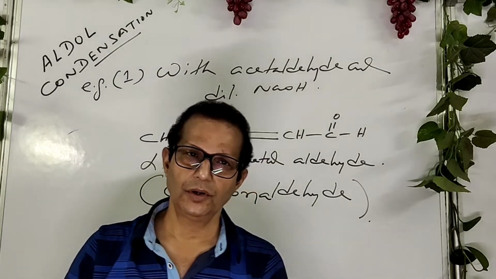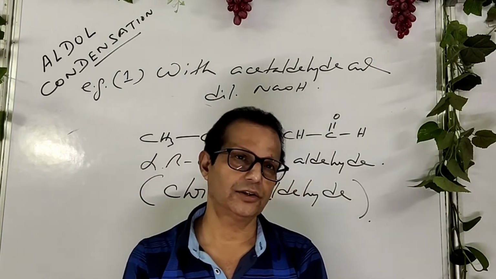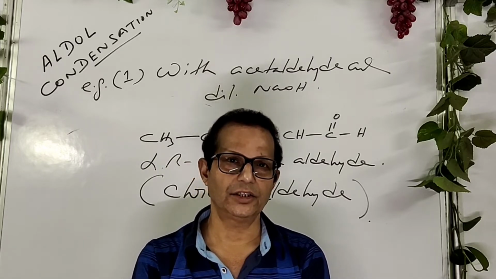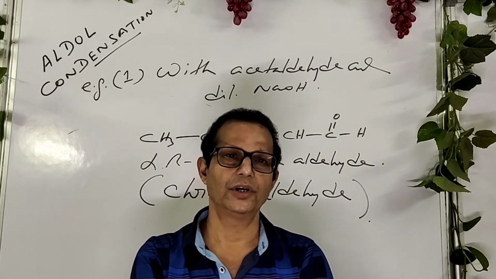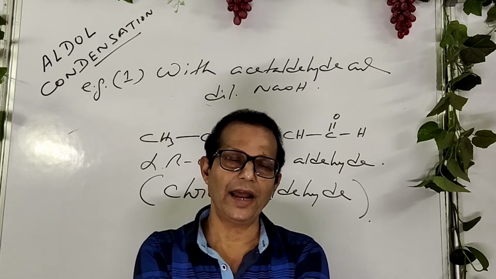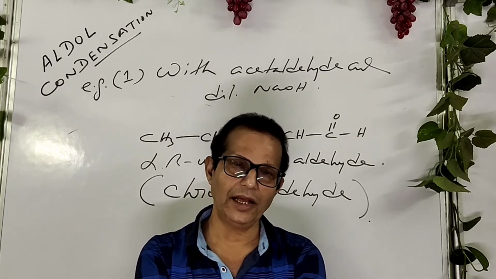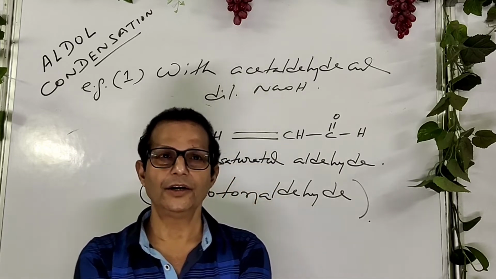Now the mechanism of aldol condensation is very important. Why? Because during aldol condensation, one intermediate is formed that is called a carbanion or enolate ion, which is stabilized by tautomerism.